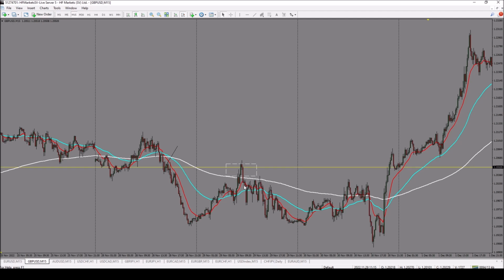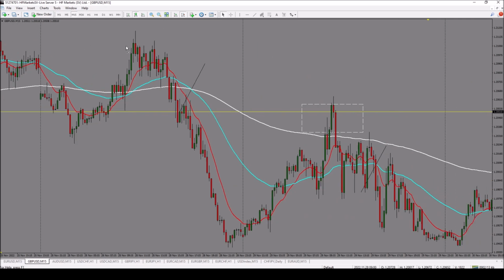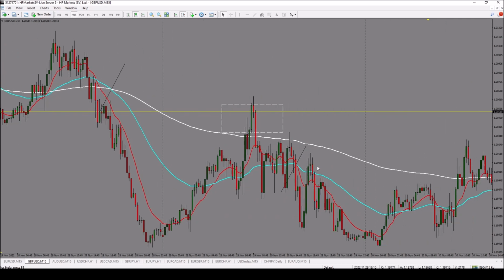From there, we need a 13/50 EMA crossover to lock that best region, which occurred at this point. And then the next thing is to see a candlestick reversal pattern at the 50 EMA, which is at this point. So it's the 50/200 EMA cross, creation of best region, then lock of the best region, then retest of the 50. A candlestick reversal at the 50 is where we'll make our entry at this point, and our take profit is supposed to be 50 pips.